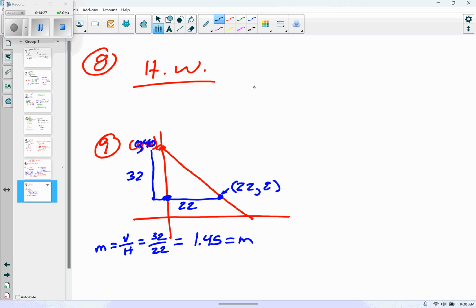If I wanted to make a table, we would have n and f at n. And I know that I have the point 0, 40, and then I have the point 22, 8. And so basically, this has a slope of 1.45. Okay, so being that we don't have 1, 2, 3, 4, 5, and so on and so forth, it's just that's what it is.